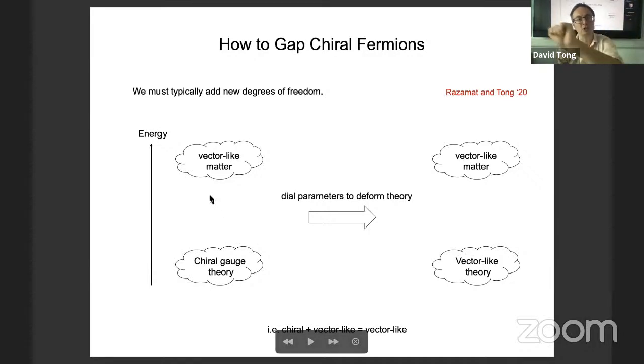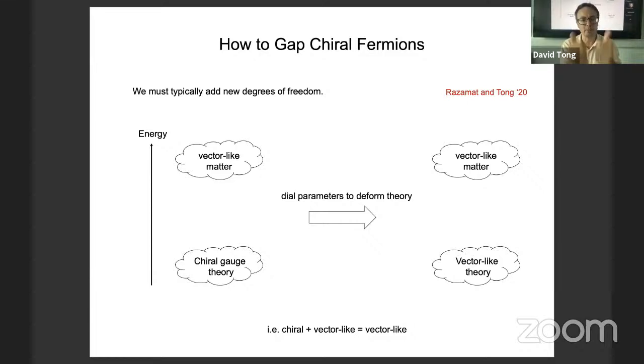is to deform in the parameter space of the theory to start with a chiral theory and end up with a vector-like theory. In other words, to find a set of theories that obey the unlikely looking equation at the bottom there, that somehow chiral plus vector should be equal to vector, which seems odd. It seems like chirality should somehow be preserved, that chiral theory plus a vector theory should remain a chiral theory.